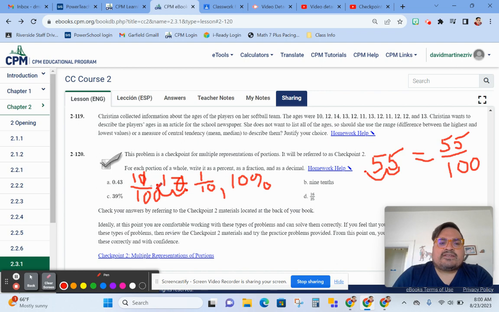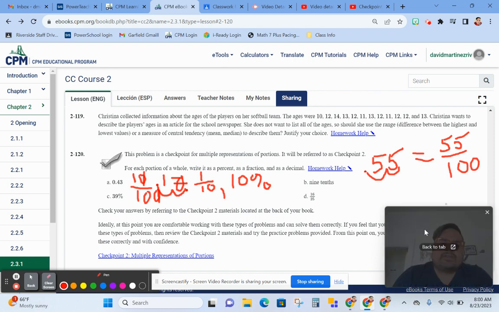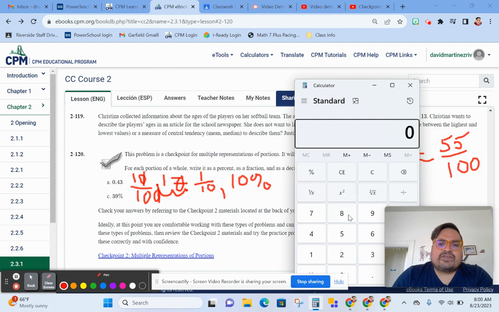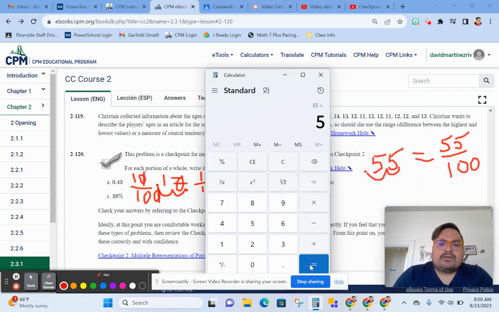This one, we can just easily take out the zeros, and then that's where we get the 1/10. And 55 over 100, we can take out the fives. So we can just do 55 divided by 5, which is going to be 11, right? 100 divided by 5, which if you split $100 five ways, that should be 20.